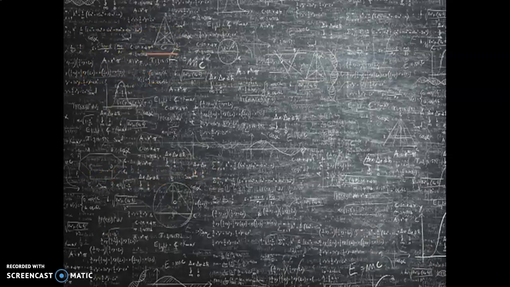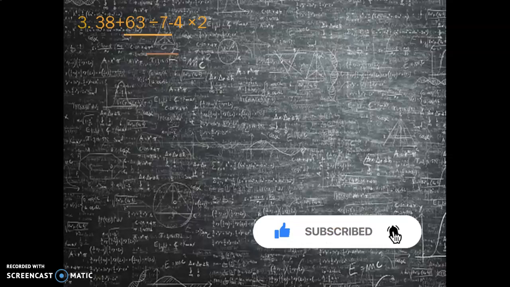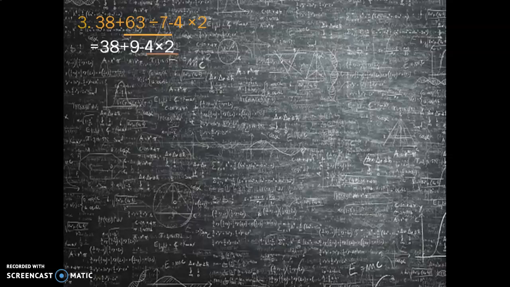Now see the next example. 38 plus 63 divided by 7 minus 4 into 2. We'll underline the division part. 63 divided by 7. By solving, we will get 38 plus 9 minus 4 into 2.